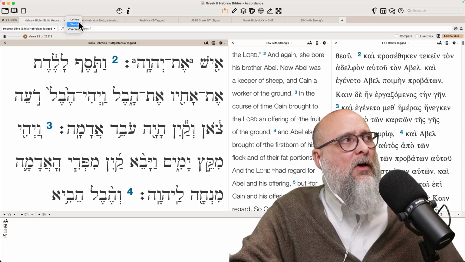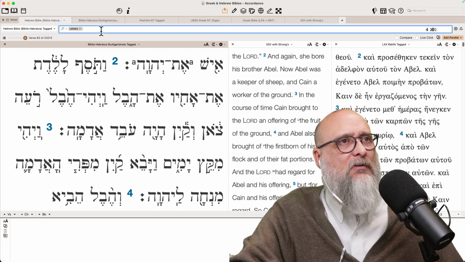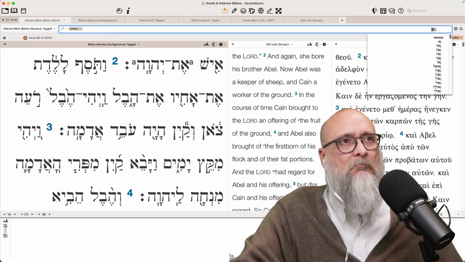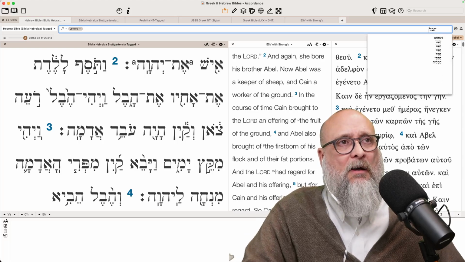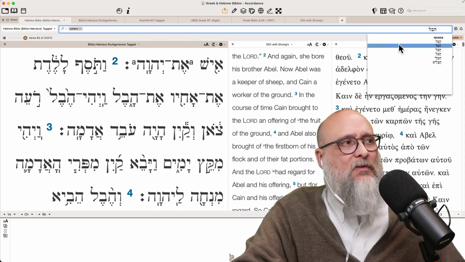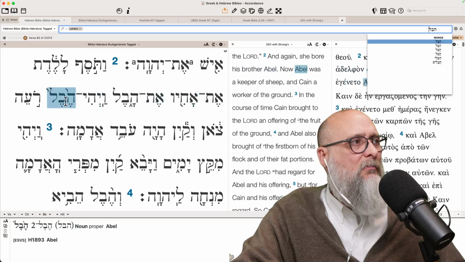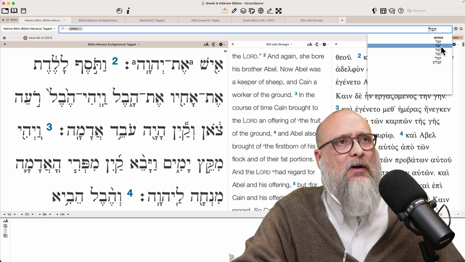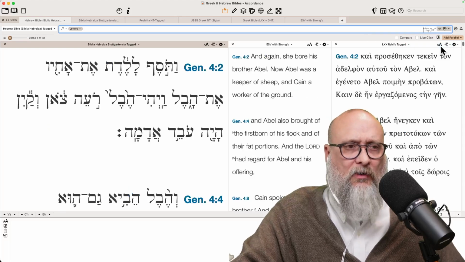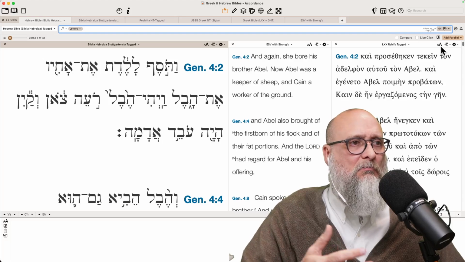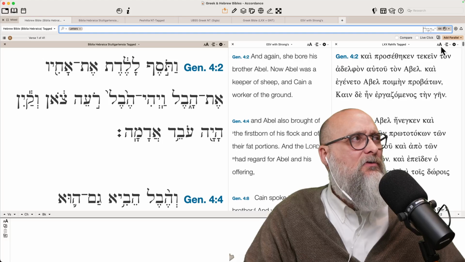Here, if we go to the letters and just type in Hebel, you can see it's giving us different options. Make sure I've got it spelled right. If we go here and hit return, it should pull up a lot of passages for us.